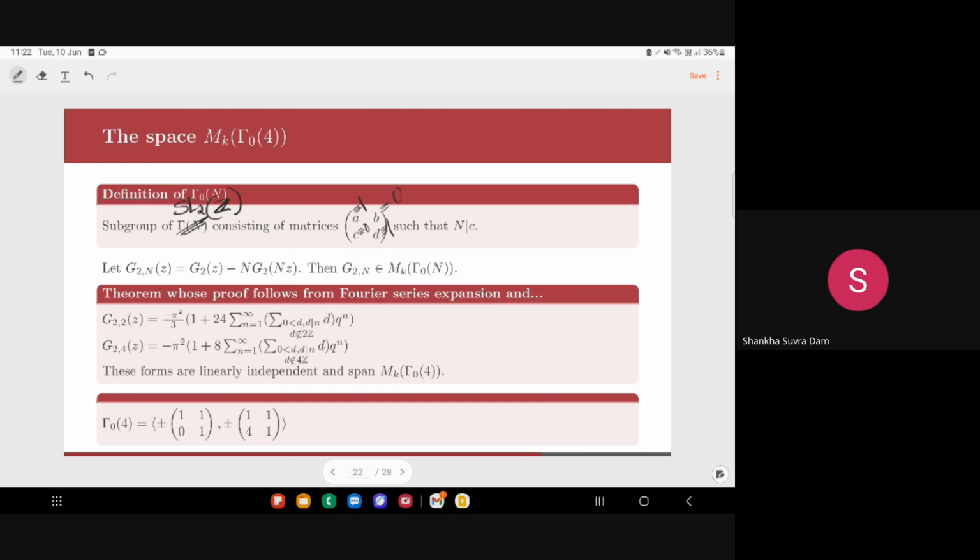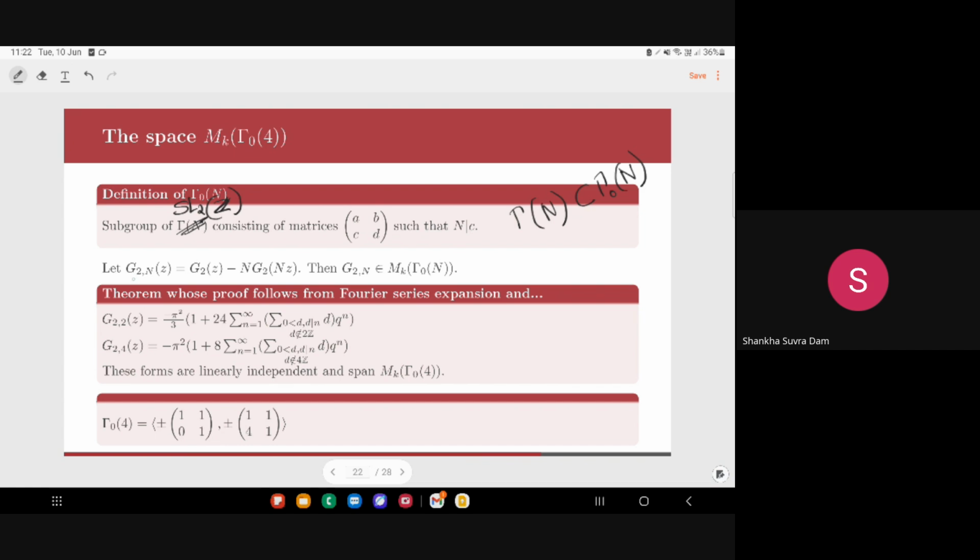My bad. So, yeah, this will not be equal to gamma naught of n. Gamma n would be in this, but not the other way around.